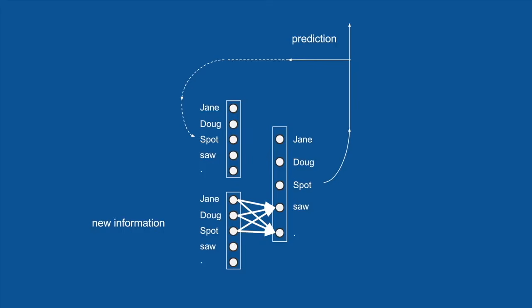Now, after training this neural network and teaching it what to do, we would expect to see certain patterns. For instance, anytime a name comes up, Jane, Doug, or Spot, we would expect that to vote heavily for the word saw or for a period, because those are the two words in our dictionary that can follow a name.